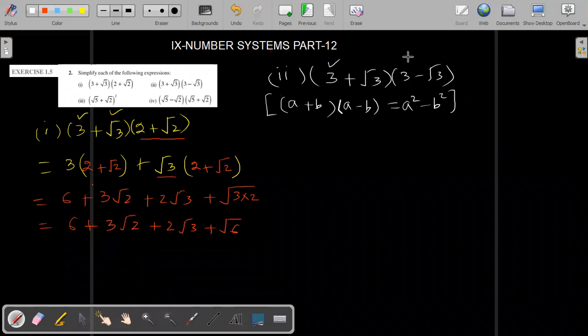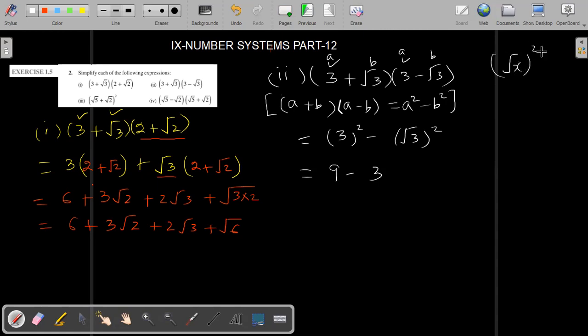So 3 is a and root 3 is b. We can write a square, 3 square, minus root 3 whole square. 3 square is 9 and root 3 square is 3. Square of a root will cancel always. The square of the root of any number x is always equal to x. So remember this. 9 minus 3 is 6.